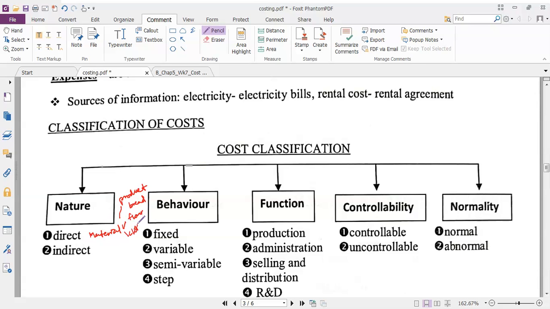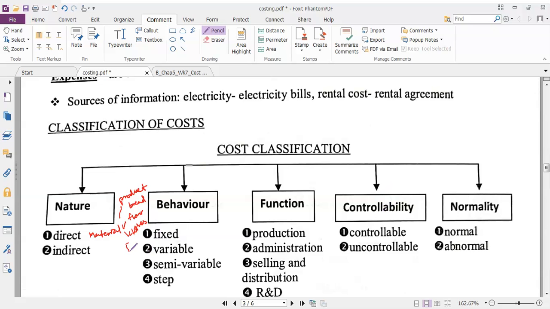What must there be? Clothes. Usually direct material is only one item. For example, flour to make bread. If it is clothes, what is the direct material? If that material is not there, we cannot produce clothes. Based on the nature, what else?